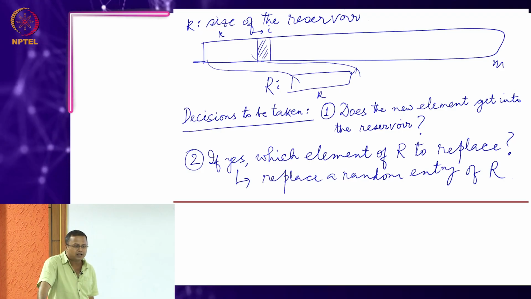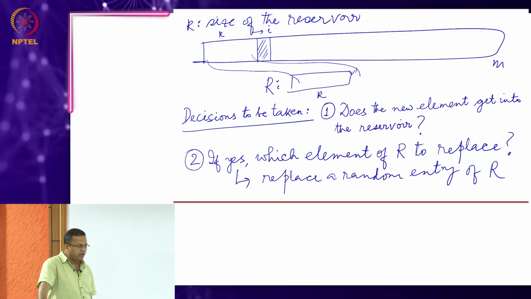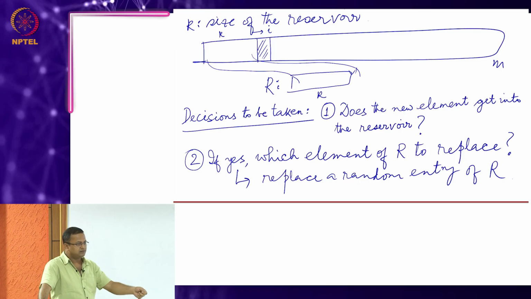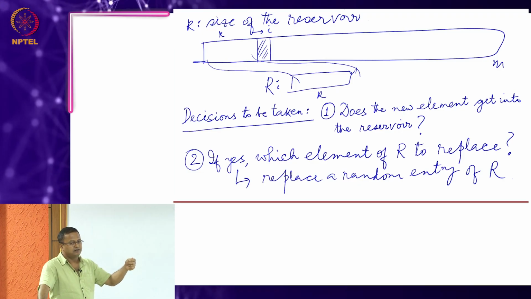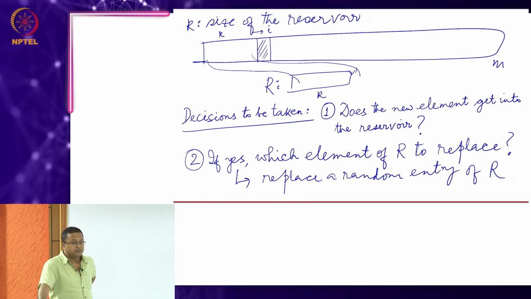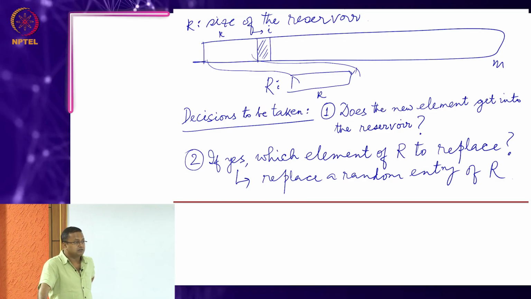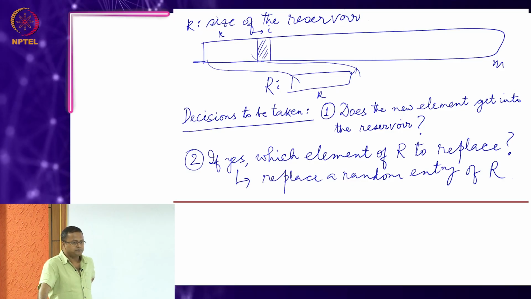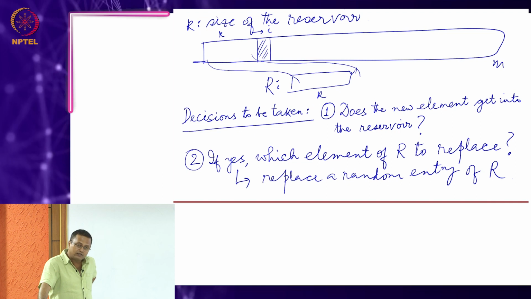So, with a certain probability, I will decide that this element will get into the reservoir. This is not going to be a deterministic decision henceforth. It will be a probabilistic decision. So, what would I say?